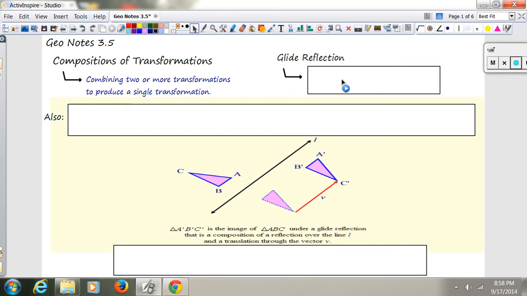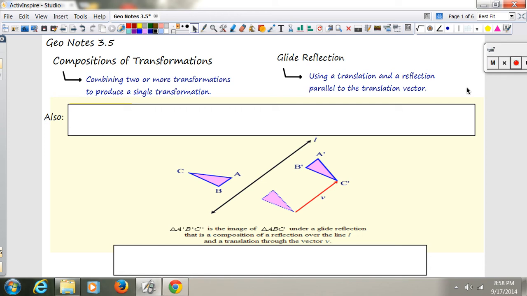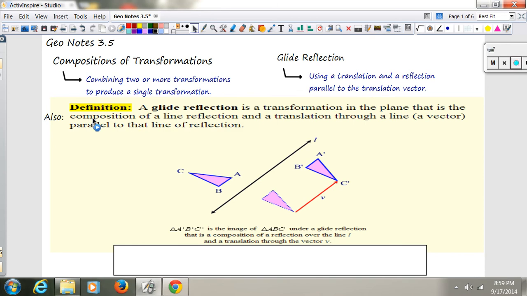Now the first one we're going to talk about is called the glide reflection. A glide reflection is using a translation and a reflection parallel to the translation vector. Here's the definition: a glide reflection is a transformation in the plane that is the composition of a line reflection, reflecting over a line, and a translation through a line, the vector line here, parallel to that line of reflection.